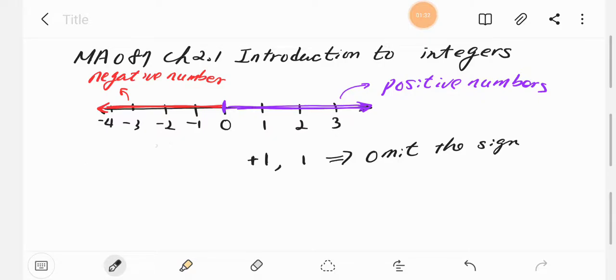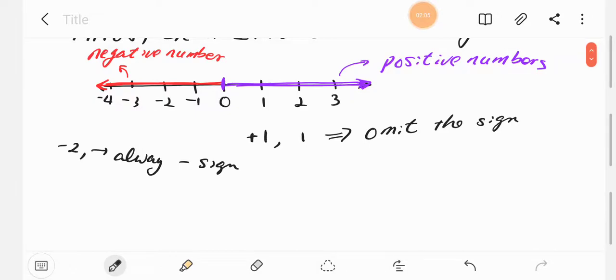But if the number is negative, let's say -2, there is always a negative sign. So numbers are either positive, negative, or 0.